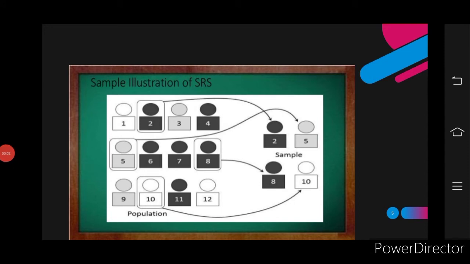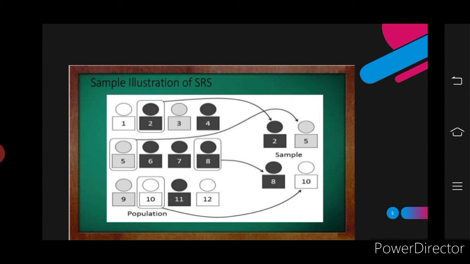This is the sample illustration of simple random sample. The left side is the population and the right side is the sample. Random gani, for example, 1, 2, 3, 4, 5, 6, 7, 8, 9, up to 12 population. Atong i-assume 1 is equivalent to 100. So naa kay 1 to population nga imong study.